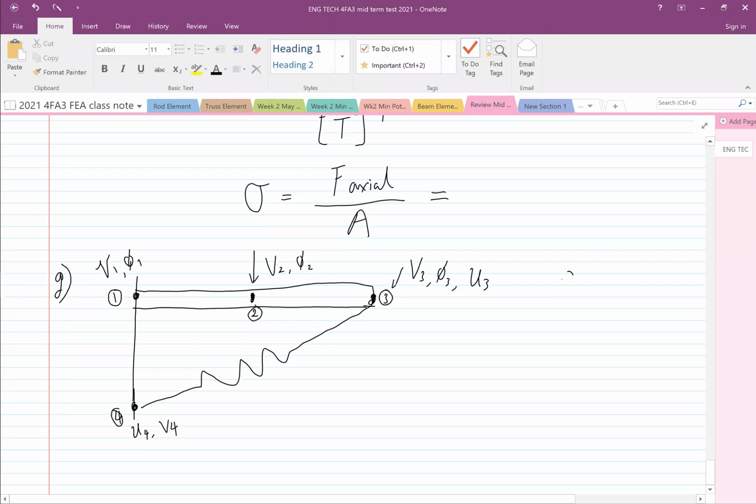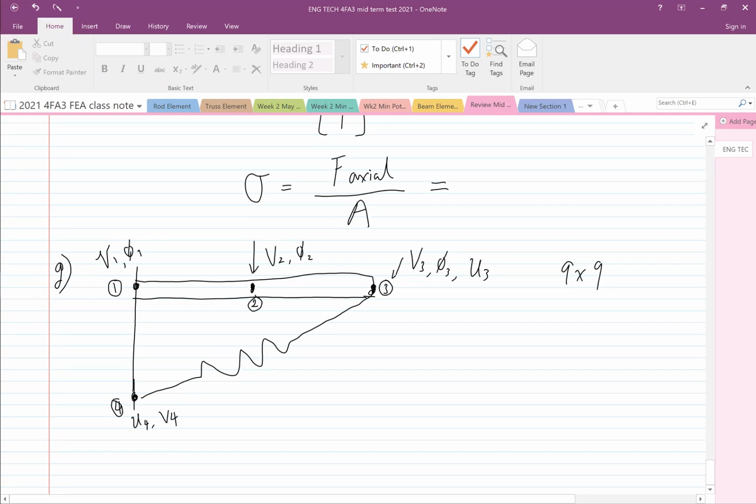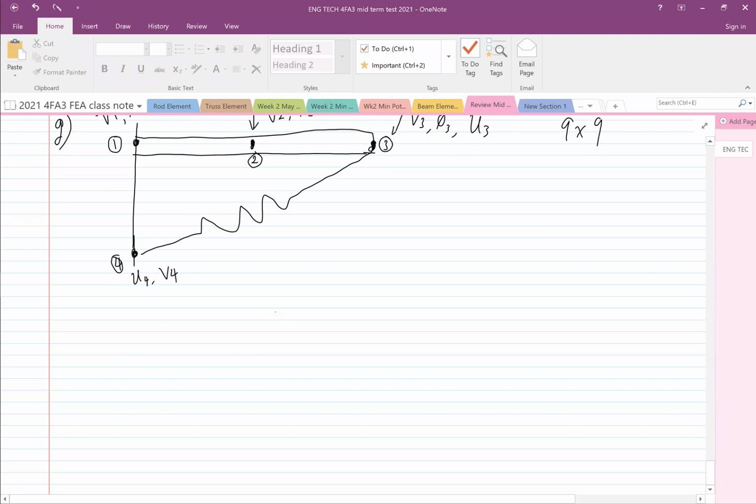So we have a 9 by 9 matrix. And then there's a crazy K. There's two beams and one truss.